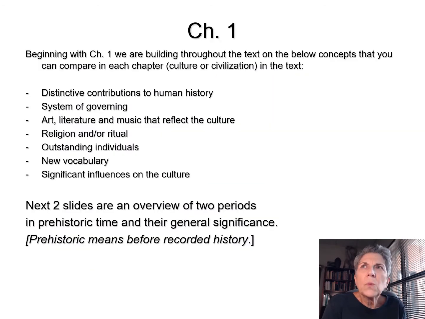As we begin these chapters, we really need to keep in mind this greater picture, these greater ideas, to do some comparisons that reference distinctive things that this civilization or period in history achieved.